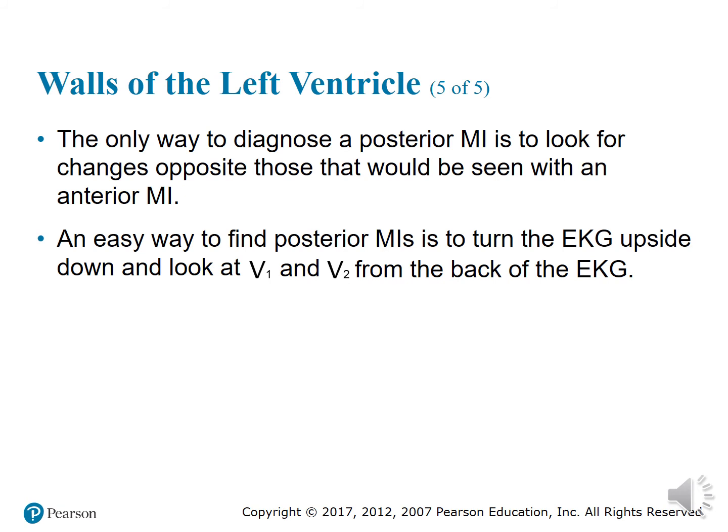Walls of the left ventricle. The only way to diagnose a posterior MI is to look for changes opposite those that could be seen in an anterior MI. The easiest way to find posterior MIs is to turn the EKG upside down and look at V1 and V2 from the back of the EKG.